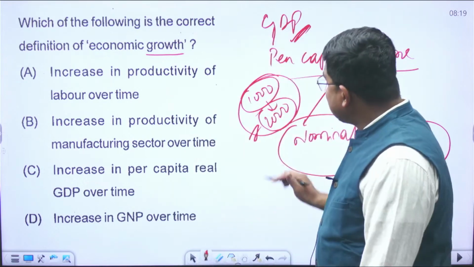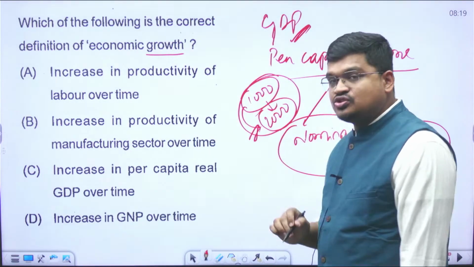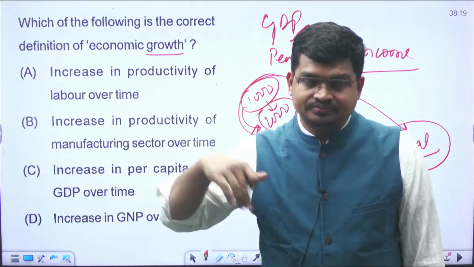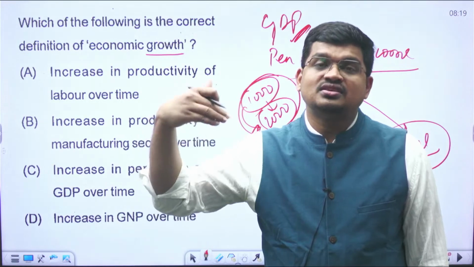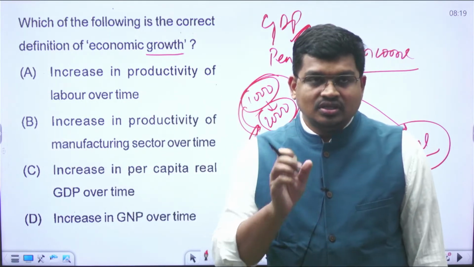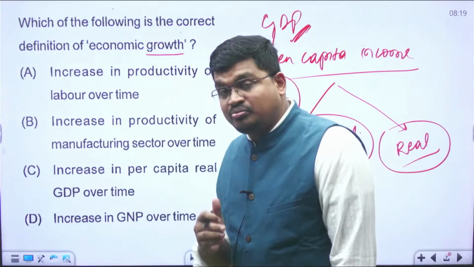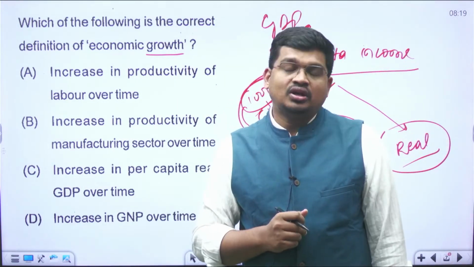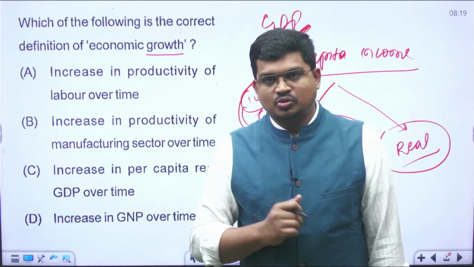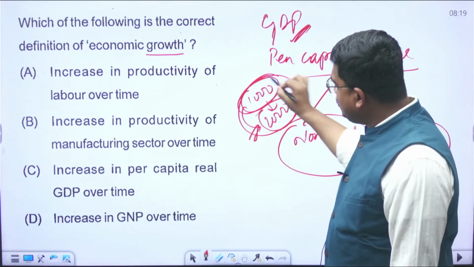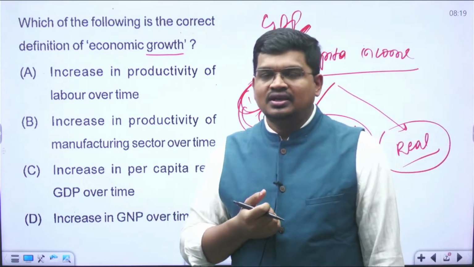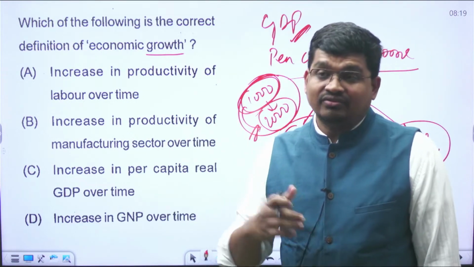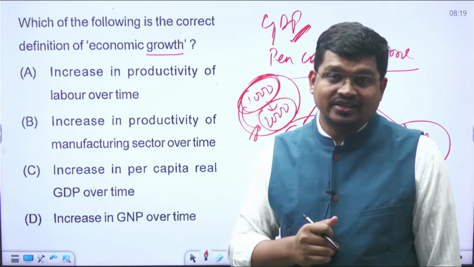So if any such increase in income leads to a similar increase in the price level or monetary value of goods and services available in the economy, then as income increases, if the price level also increases in the economy, your real per capita income will not increase. Suppose earlier you bought a product for 1000 rupees, and the same goods and services today you buy for 2000 rupees, because the inflation rate has increased, the price level has increased.